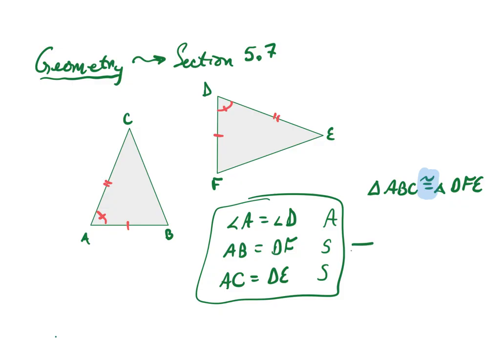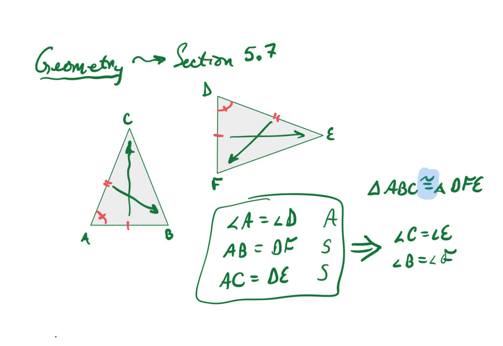So as a result of determining the triangles are congruent, we can then say any other angles, as an example, angle C and angle E have to be equal to each other because those are both the angles across from the side with one tick mark, so they're corresponding. We can say that angle B and angle F have to be equal to each other because those are the angles across from the side with two tick marks.